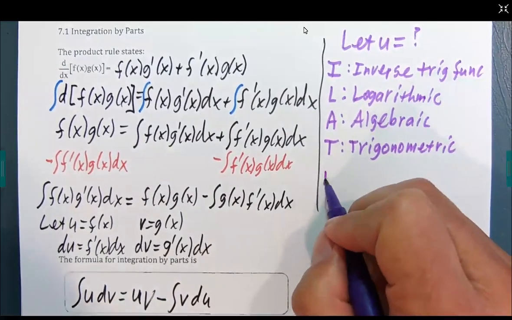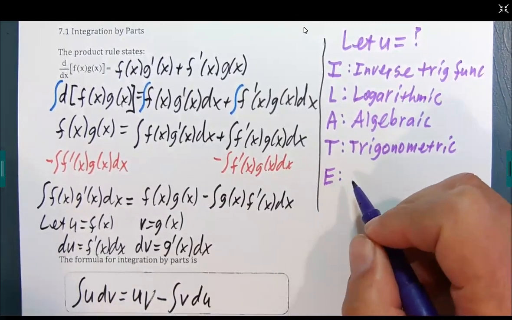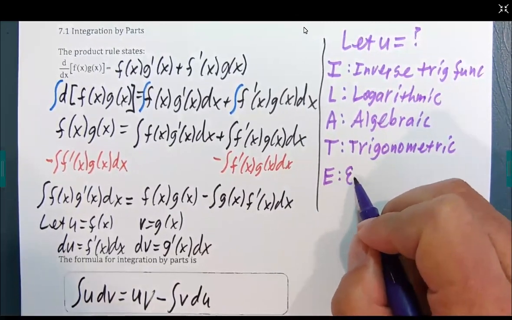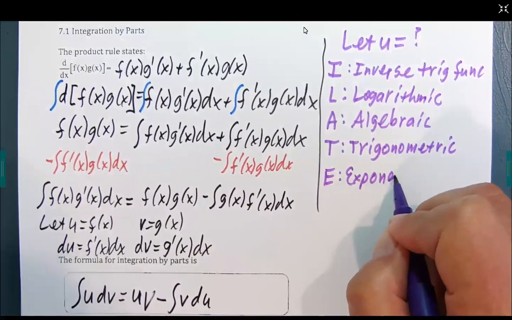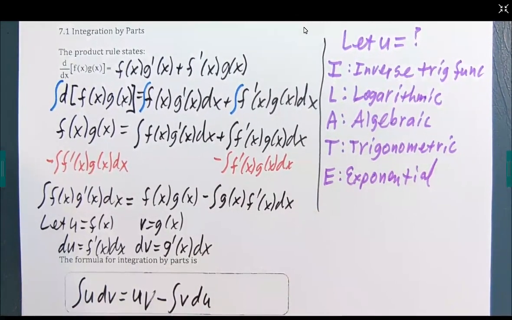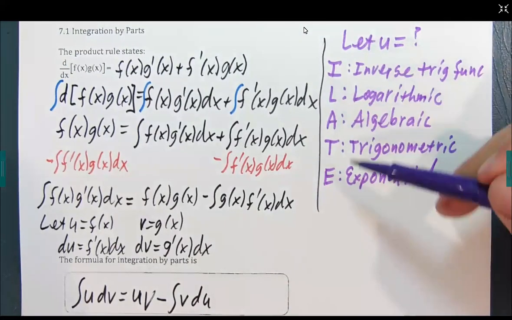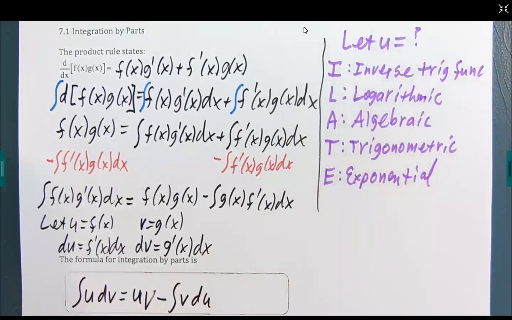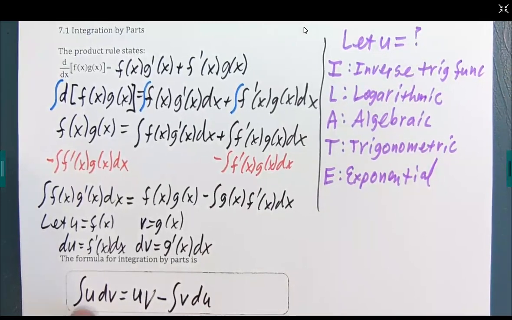And the last one you'll check is for exponential. So this is sort of the ordering. This is a good rule of thumb: LIATE, or however you want to remember it, if you find that helpful. And that is how we're going to figure out what u is going to be in our formula.